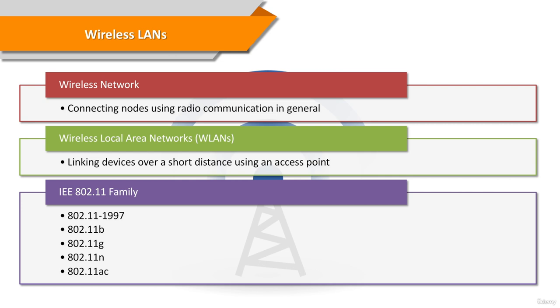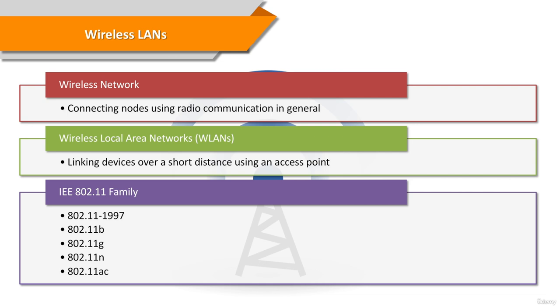I'm just trying to keep it simple, so I won't talk about the entire 802.11 family or the technical details beneath them. I just want to let you know that the most popular are those defined by the 802.11b and the 802.11g protocols, which are amendments to the original standard.